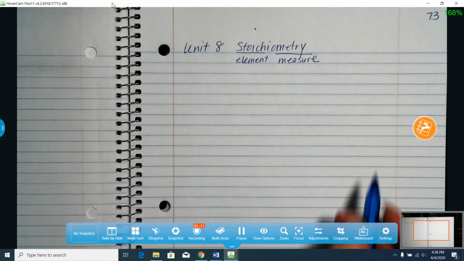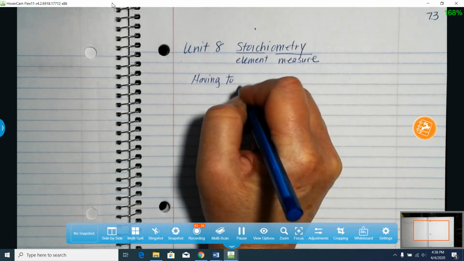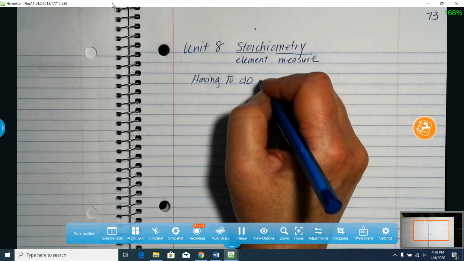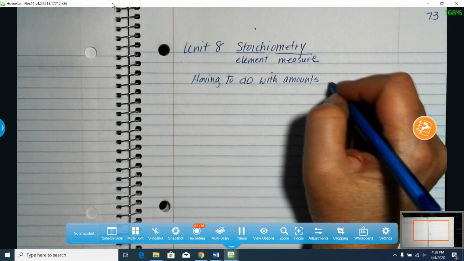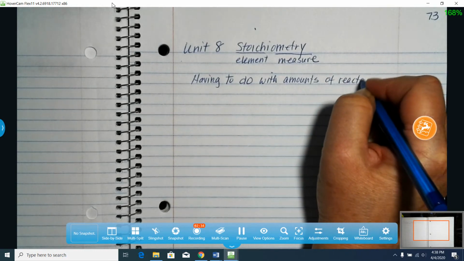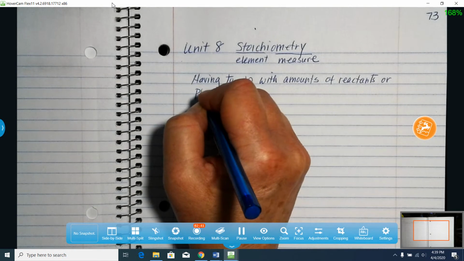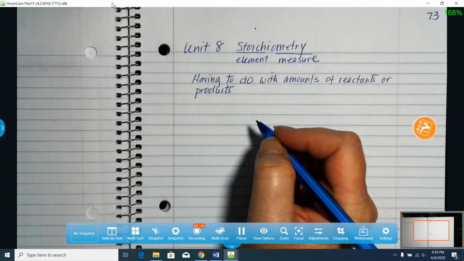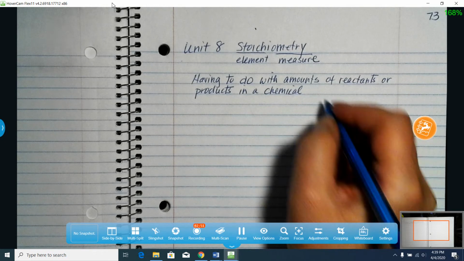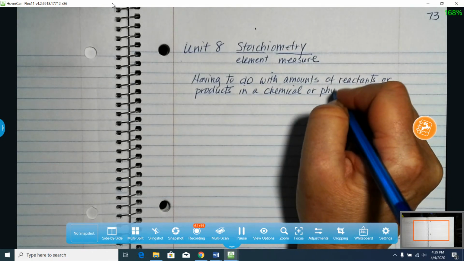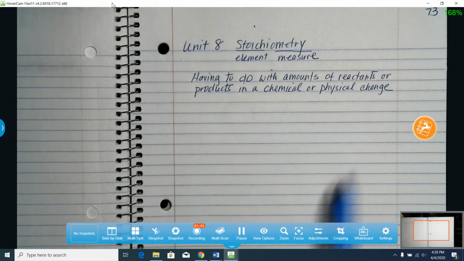Okay, so what this has to do with is amounts of reactants or products in a chemical, or can sometimes be physical too, chemical or physical change. Okay? Oh, by the way, page 73.